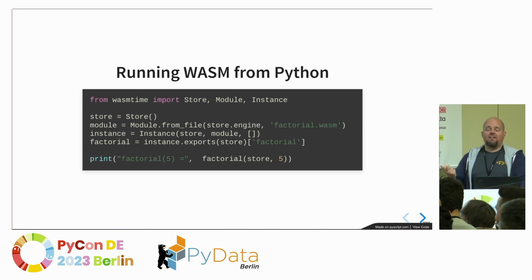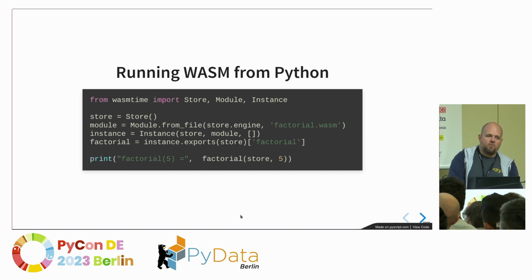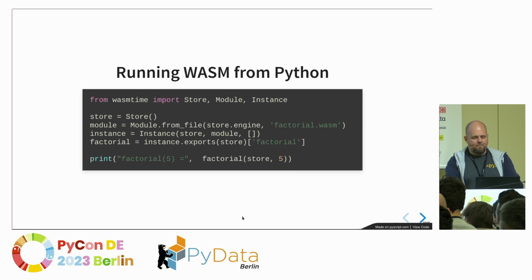The other cool thing is that, as I said, it's ubiquitous, so you don't have to use JavaScript or the browser. We have the C function, we compile it to WebAssembly, we run it in the browser, but we can also store it somewhere on our machine and run it from Python. For running it from Python, we need a WebAssembly runtime.